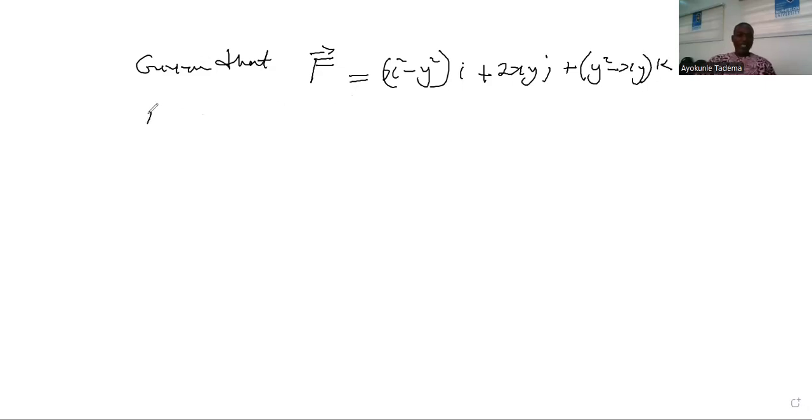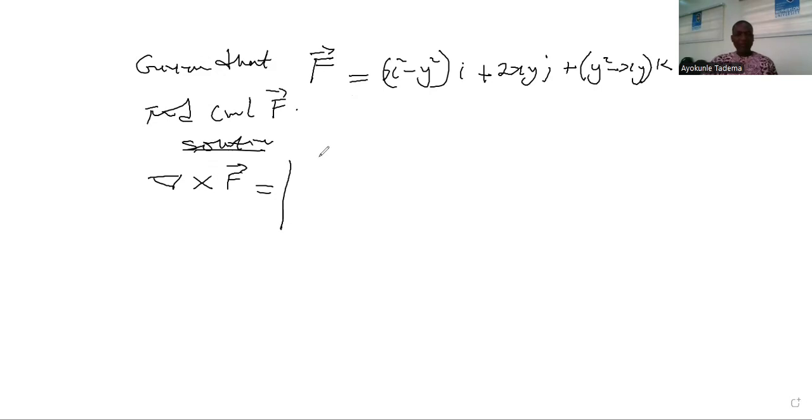And we have to find curl f. How will you find curl f? Solution. Based on the definition, curl f is nabla cross product with vector f. And quickly, don't waste your time, I just write i, j, k.